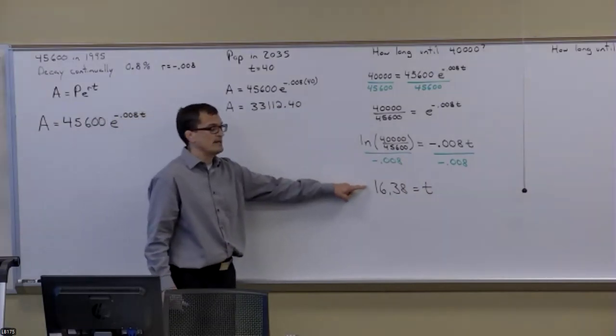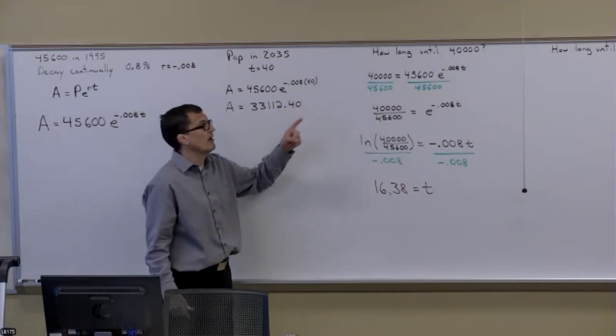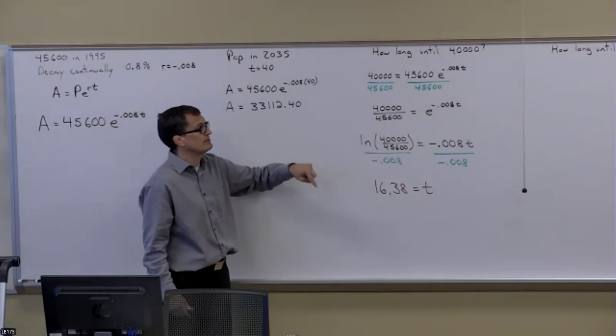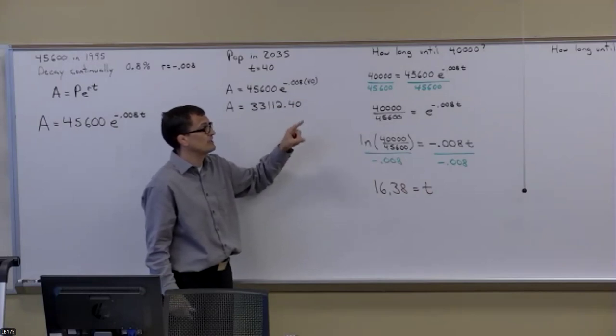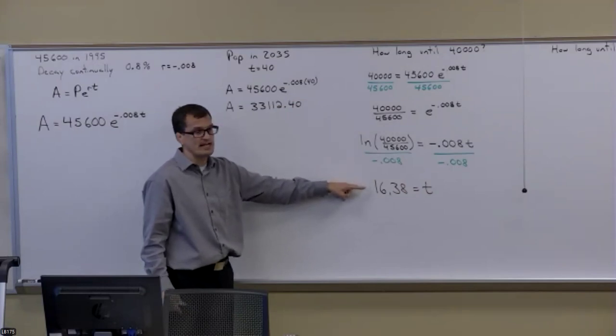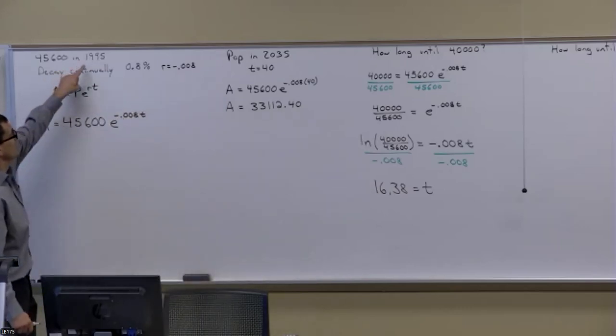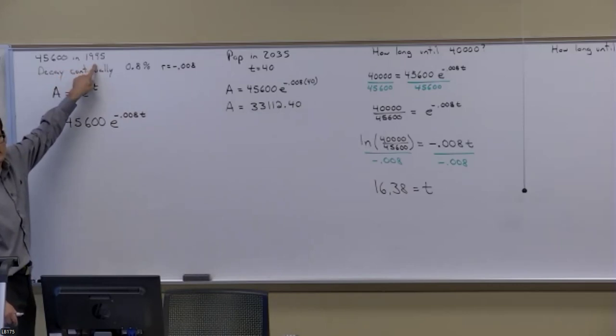Now, last step here. If it asks me for how long it takes until the population reaches 40,000, we'd say, well, after 16.38 years, but that 16.38 years is 16.38 beyond the year 1995.